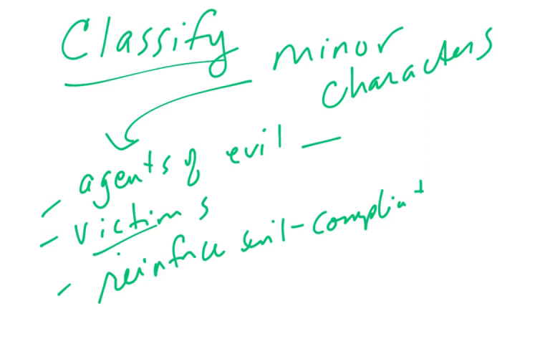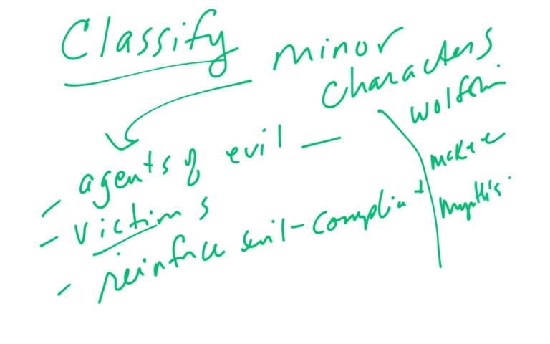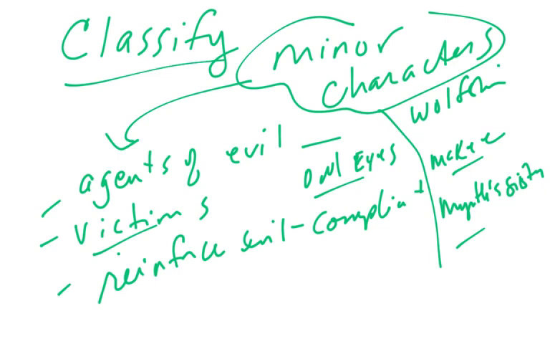So we might place minor characters. We have Wolfsheim, a minor character. We have Mr. McKee. We have Myrtle's sister. We have somewhere Owl Eyes. Where does he fall? So again, this could be another possible classification system of minor characters.